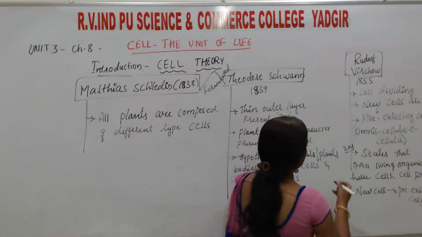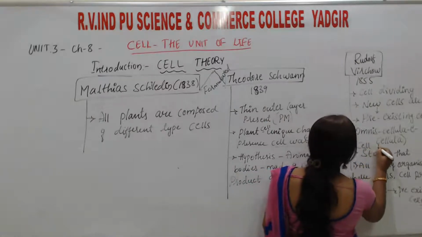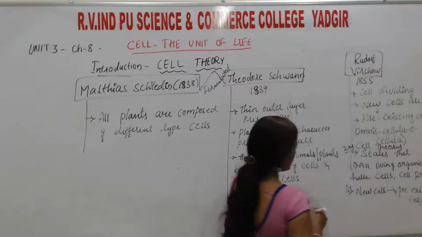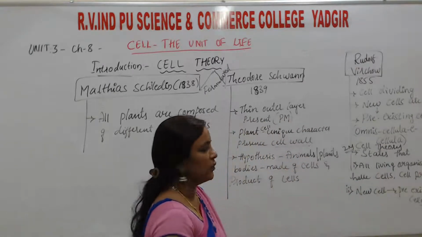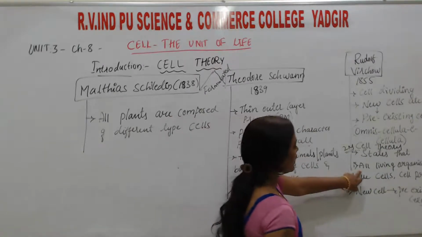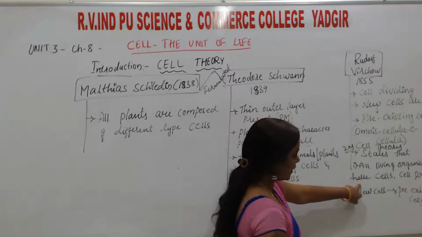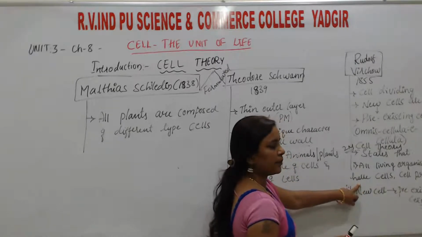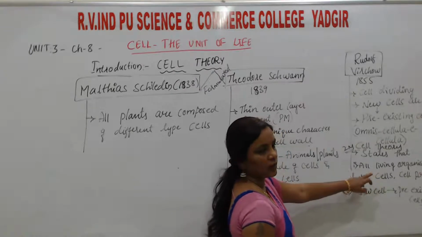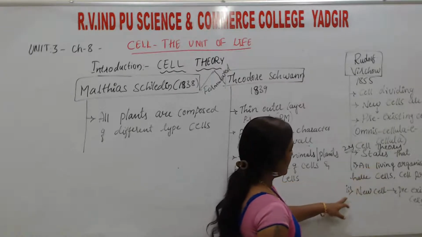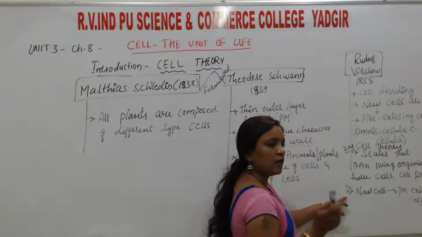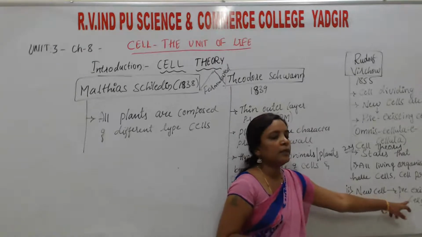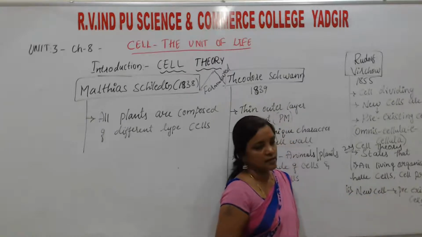All living organisms have cells and are made up of cell products, and all cells are formed from pre-existing cells.